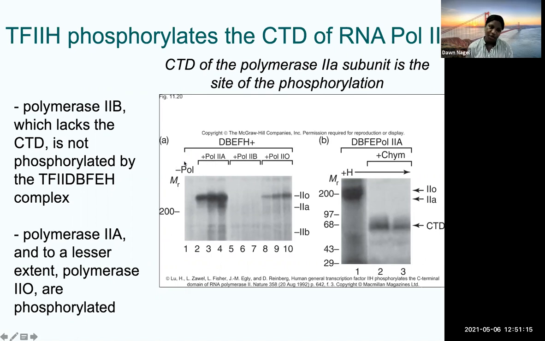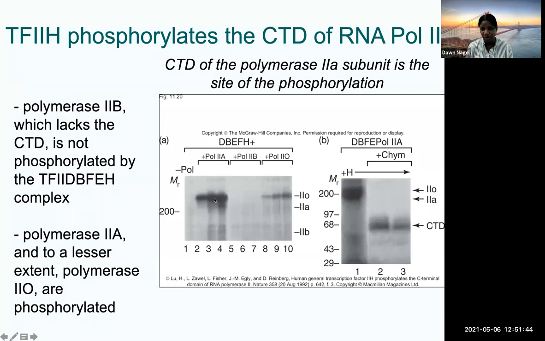This is just the marker that's showing on the left axis. And then you have all the general transcription factors that are present. And what you see is that you have phosphorylation happening when you have everything present. You can see that you have this polymerase. As you increase the amount of the polymerase, you get a greater intensity of the band, okay?